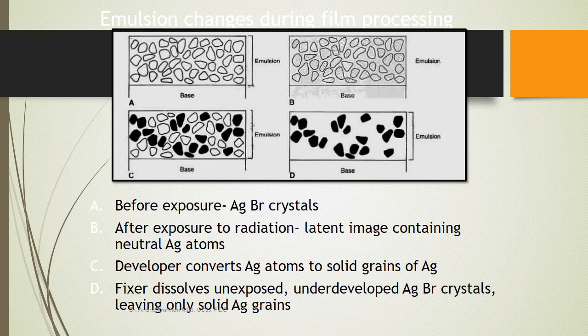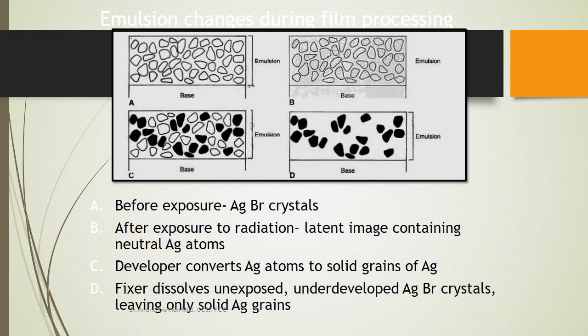So now, what are the changes that happen during film processing? Look at image A. This is the normal crystal lattice, or the crystal arrangement, within the emulsion layer. Now look at image B. This is after exposure. In this there is a latent image, but it cannot be visualized clearly.